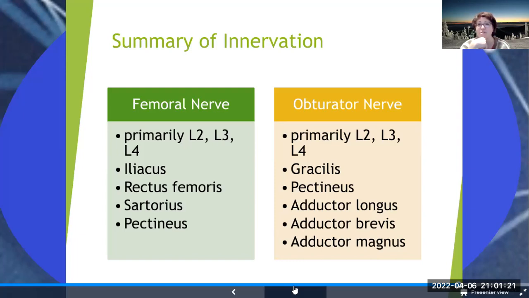The obturator nerve, also primarily L2, L3, and L4, innervates the gracilis, hip adductor. Pectineus has a head for adduction. Adductor longus, brevis, and magnus, adduction. Okay. The adductor magnus has an adductor head and an extensor head. The adductor head is innervated by the obturator nerve.